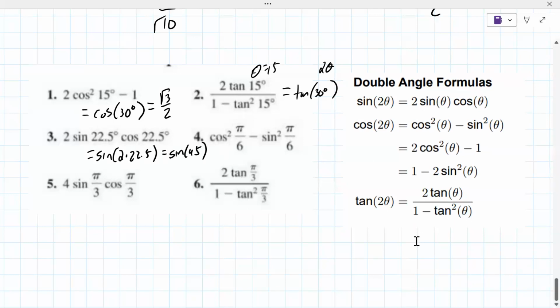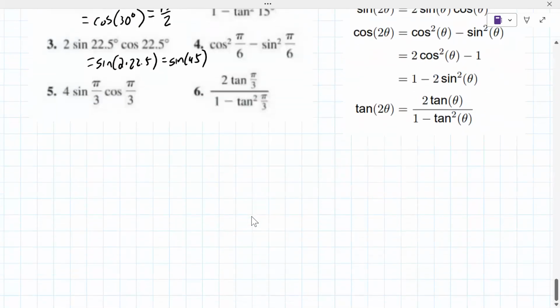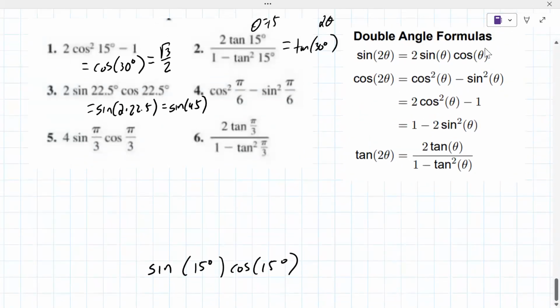Some instructors do a problem like this, which is really deceptive. They'll do the sine of 15 degrees, cosine of 15 degrees, and you'll look and say it looks so much like that first one, but it's missing the 2.